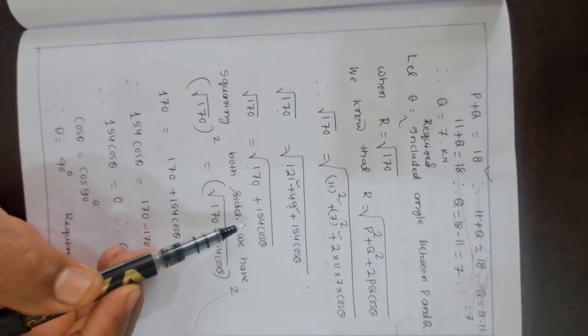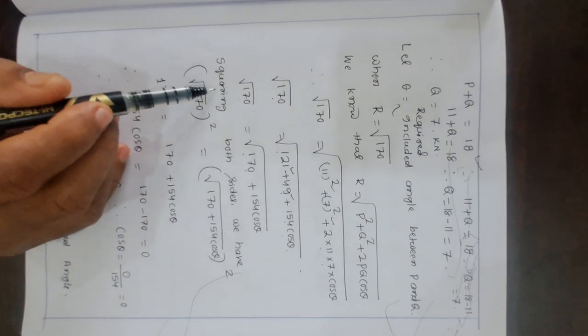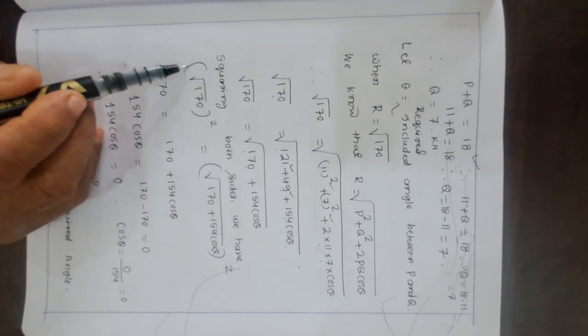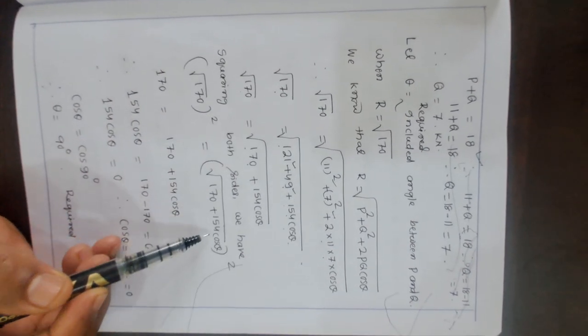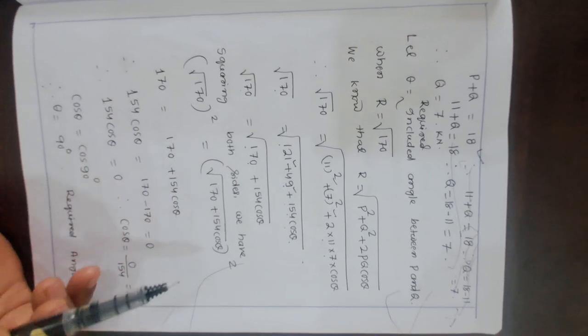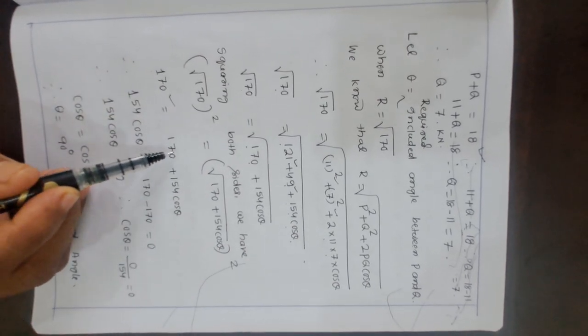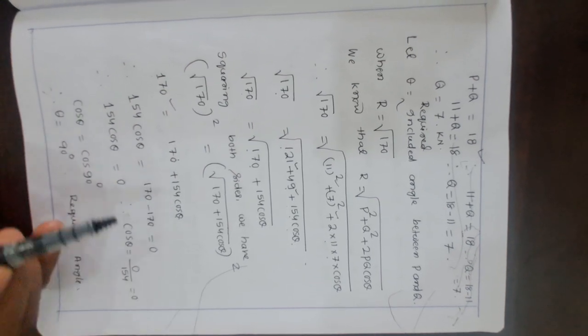Then squaring both sides, we have 170 is equal to 170 plus 154 cos theta.